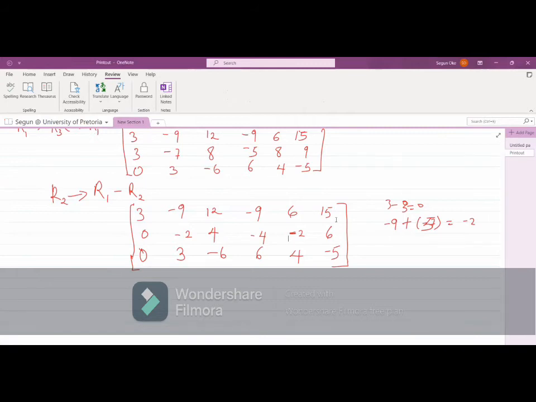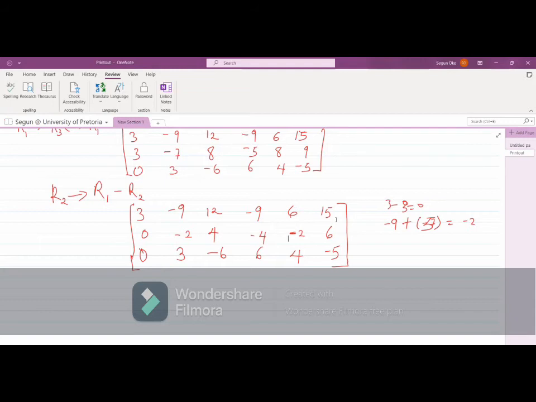Minus 2 row 2, minus 3. 3 row 2 minus 2 row 3. Look at it very well. Sir, row 3 will be 3 row 3 minus row 1.